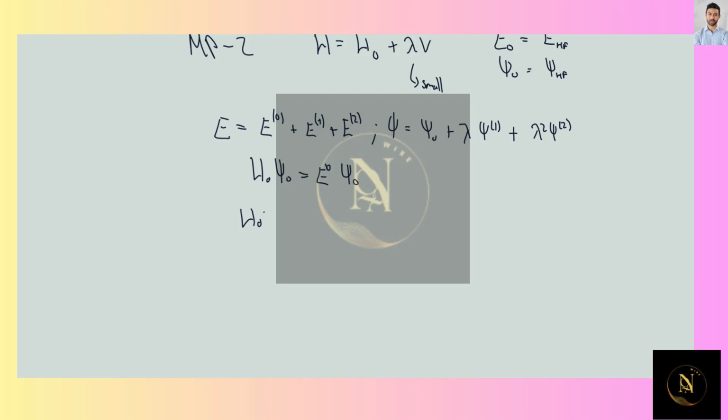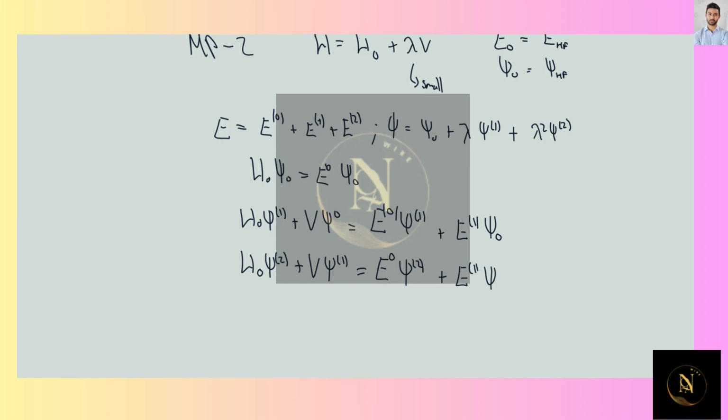H0 acting on the first order wave function plus V times the initial wave function would be equal to E0 times phi at first order plus the energy at first order times phi 0, and H0 times the wave function at second order plus the potential times phi at first order is going to be equal to E0 times the wave function at second order plus E1 times the wave function at first order plus the energy at second order times the wave function at zero order.